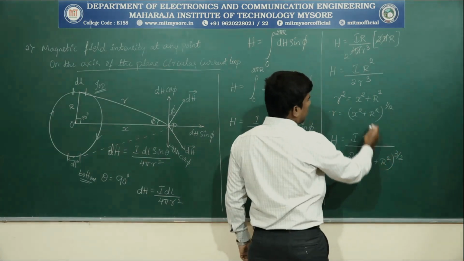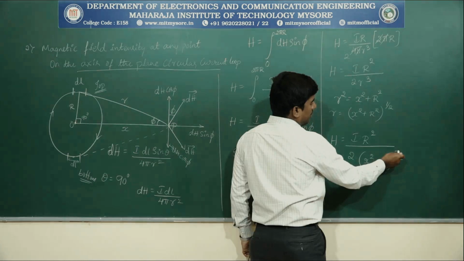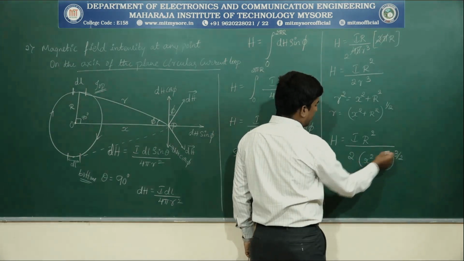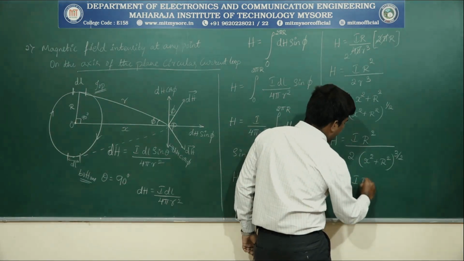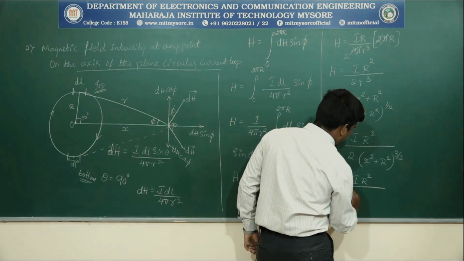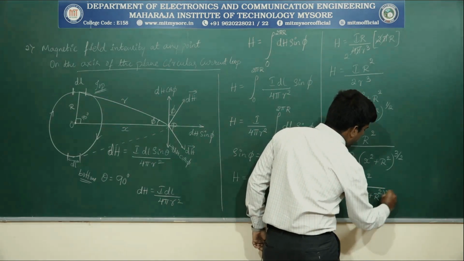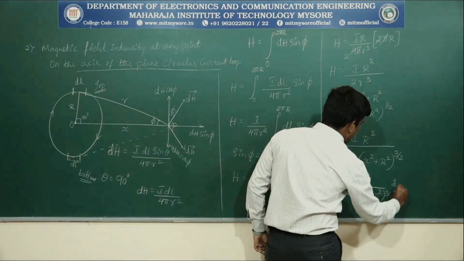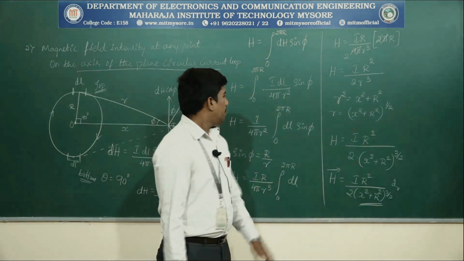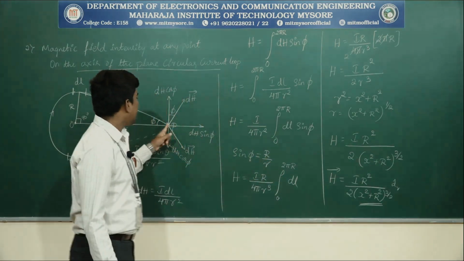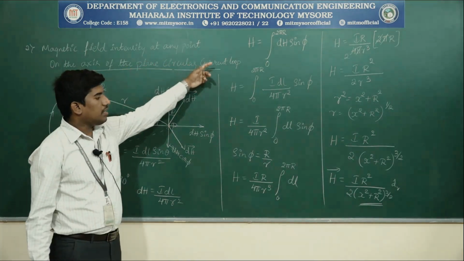Because r cube is there, if I multiply the power by cubic root, then it is 3 by 2. Then if I represent this H in terms of vector, I into R square divided by 2 times of x square plus R square whole power 3 by 2 into a cap R. This is the equation for magnetic field intensity at point P due to a plane circular current loop.